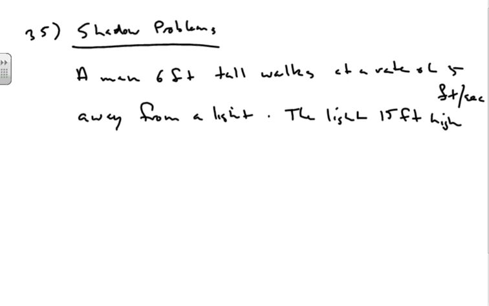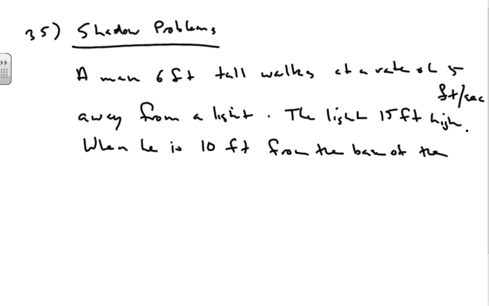Okay. And what happens is, since it's 15 feet above the ground, we want to figure out, when he is 10 feet from the base of the light, what is the rate at which the tip of the shadow is moving, and then what is the rate of the length of his shadow changing.